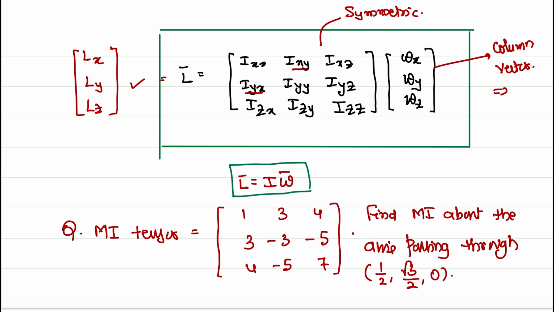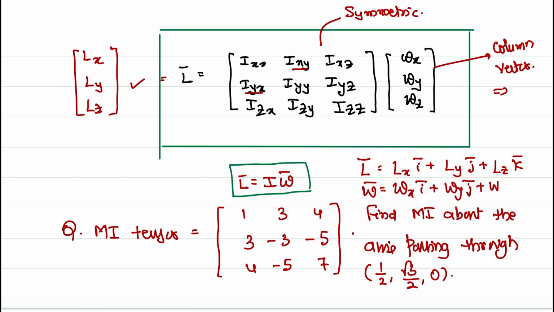If you have to write it, L is equal to Lx into I plus Ly into J plus Lz into K. Omega is omega x into I plus omega y into J plus omega z into K.